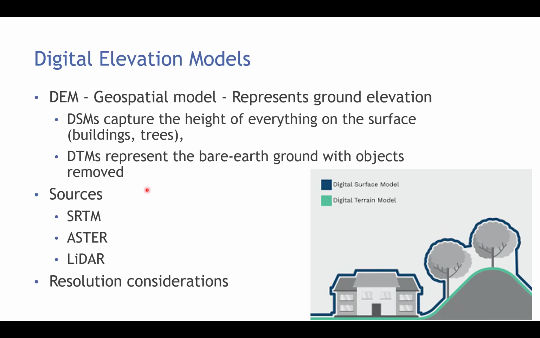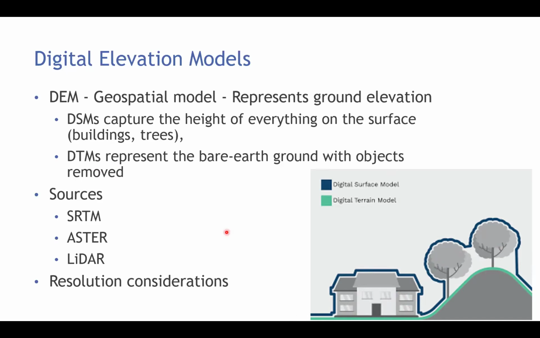But what is DTM? DTM represents the bare earth ground with objects removed. That means if I remove these objects which are placed on the ground, then what I see is only the actual earth surface. If I get the elevation of the actual earth surface, that is called a digital terrain model.